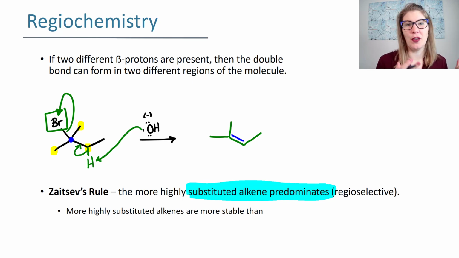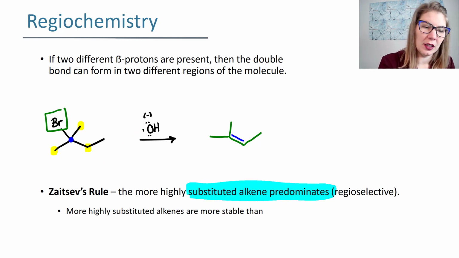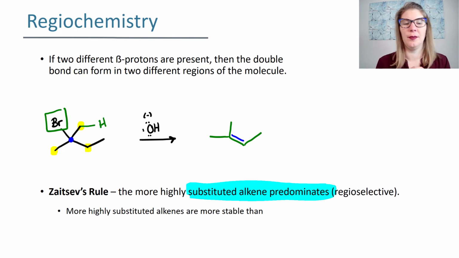If we pulled off a different beta proton, let's go ahead, I'm going to erase this. We're going to try to pull off the other beta proton. Let's look at this beta proton. So I have a beta proton. If I would have put the beta proton that I'm pulling off on the other methyl, I still would have gotten the same product.